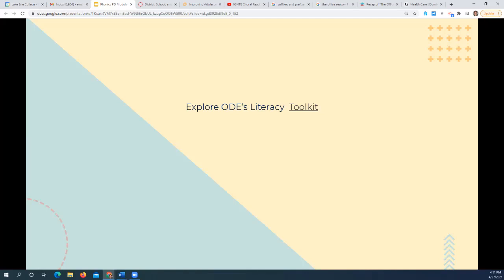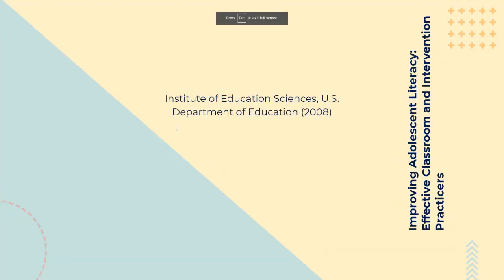No matter what you're teaching, as the old adage says, we all teach reading and writing. Okay. So one of the things I wanted to talk about is one of the resources in the toolkit: the Institute of Education Sciences in the Department of Education. These are the same people that do the What Works Clearinghouse.